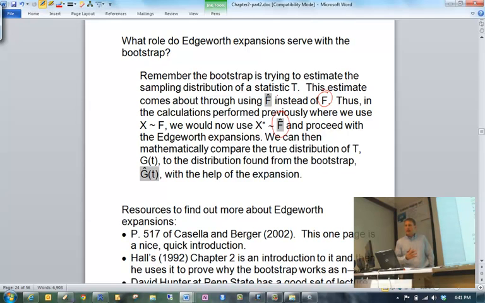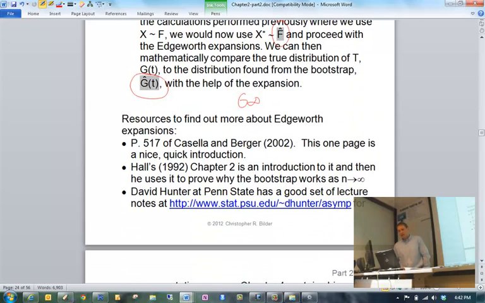By doing that, you can get an approximation of g hat and show that this g hat goes to g of infinity as n goes to infinity, that particular distribution. That's why Edgeworth expansions are used.